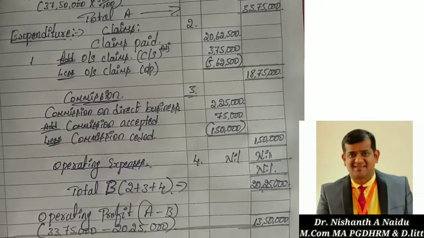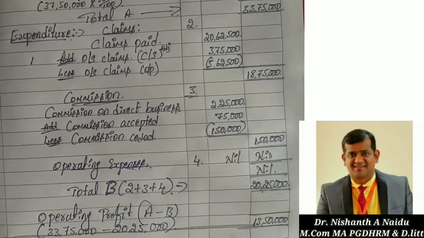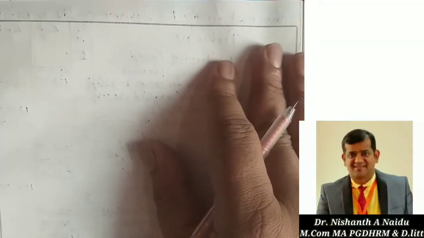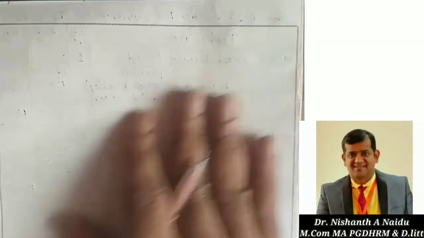So it is a very easy revenue account whenever he gives such kind of lengthy problem. Okay, so now let us prepare the profit and loss account in the next sheet. So I think you all know how to prepare P&L account.